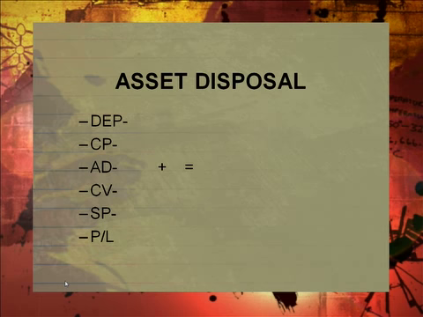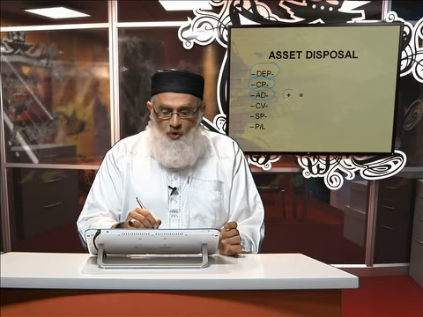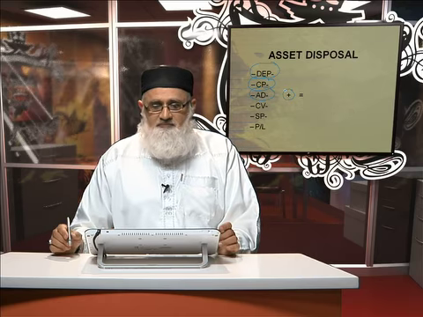Asset disposal. Whenever you're confronted with an asset disposal transaction, what is it that you need to do? Number one, draw up a table. And in this table, indicate your depreciation, indicate the cost price of the asset that you are disposing of, put in the accumulated depreciation, and notice alongside accumulated, you always find a plus sign.